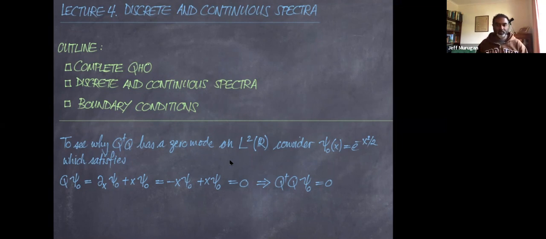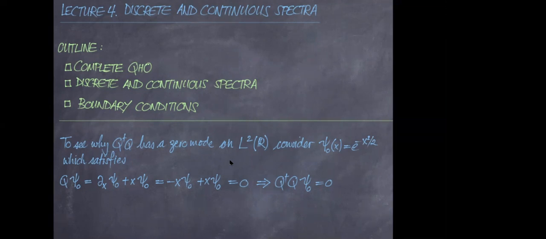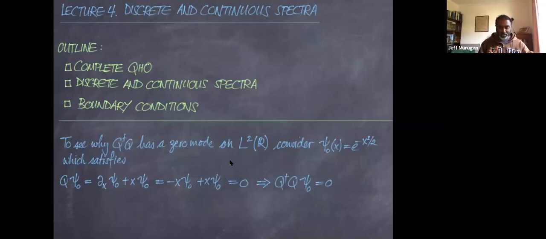Okay. Now I have an equation: Q psi naught equals 0 psi naught. I take that equation and I act on it from the left with Q dagger. On the left-hand side, I will get Q dagger Q times psi naught.